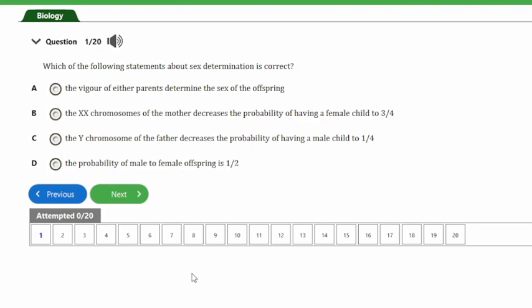So guys, the answer to this question is option D, and that's the probability of the male to female is 1/2. We know that the female has an XX chromosome, whereas the male has an XY chromosome.